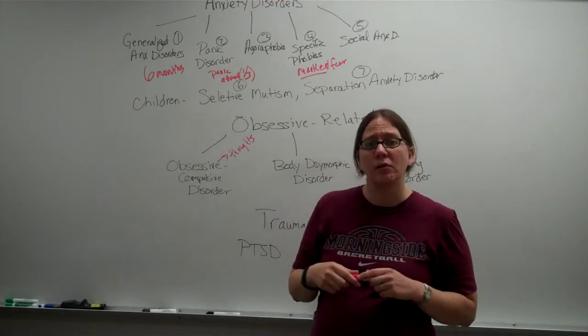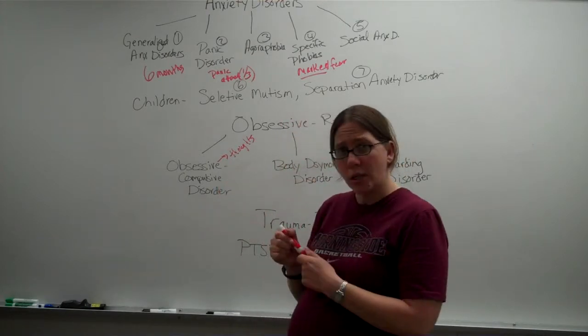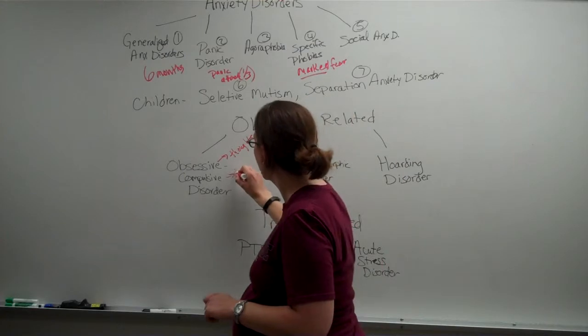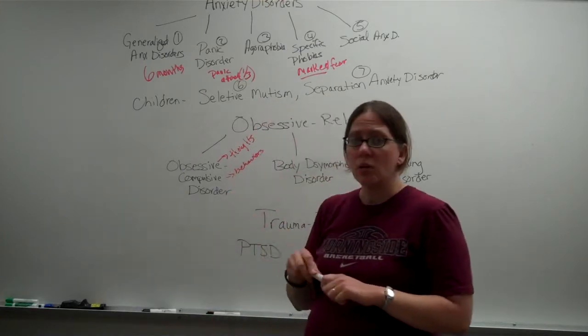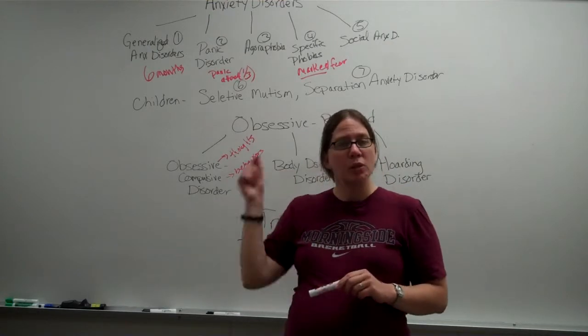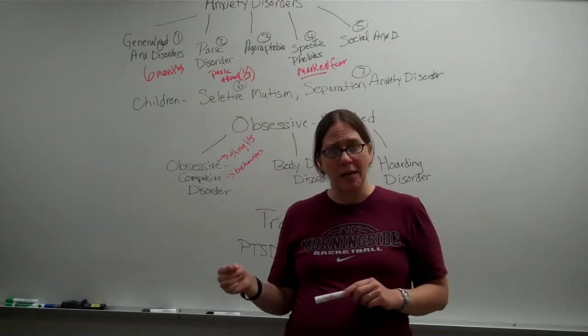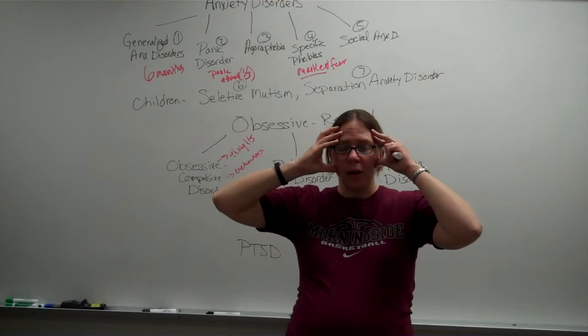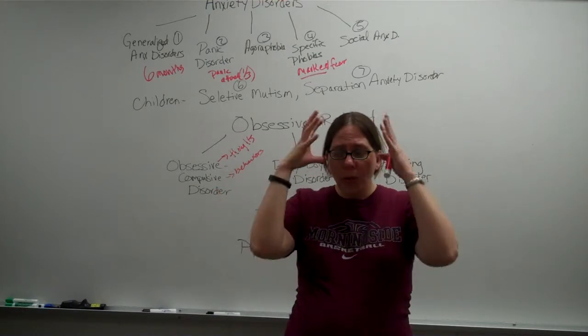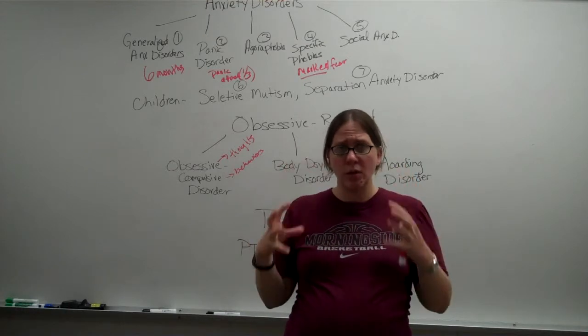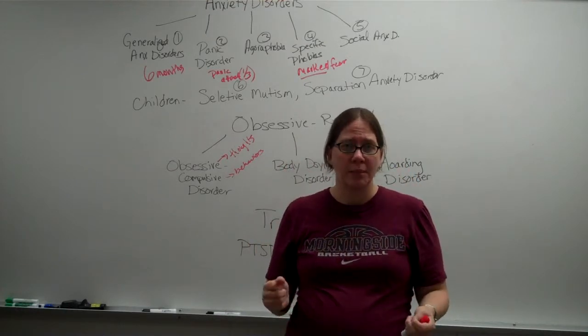So those are obsessions. Compulsions, on the other hand, are behaviors. And these are very specific behaviors that you do in order to get rid of the thoughts. So it's all about decreasing the anxiety. So, for example, all I do is I'm thinking about germs. So the only way I can reduce my anxiety about germs is if I wash my hands 3 times.